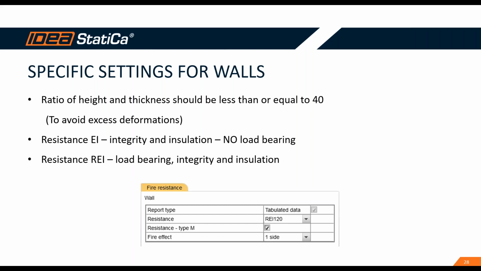If we have a wall that is non-bearing or just dividing some parts of the building, or if we have a load-bearing classic wall, then the resistance type REI is considered for load-bearing, integrity, and insulation.